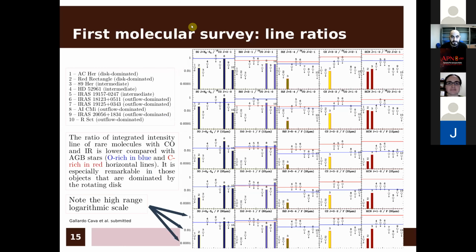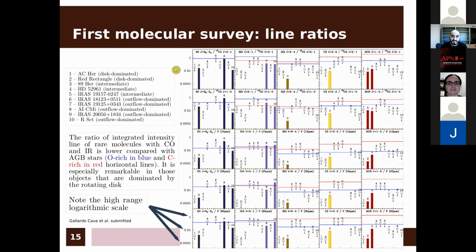We can compare the emission of the most relevant species such as SO, SiO, SiS, CS, and HCN compared with 13CO, 12CO, and infrared emission at 12, 25, and 60 microns, and always compared with AGBs, in blue for O-rich and in red for carbon-rich.